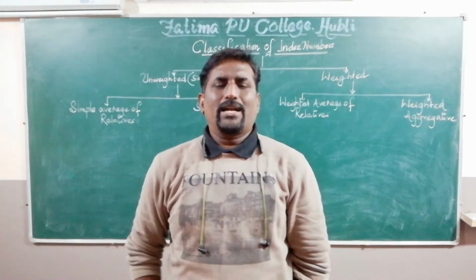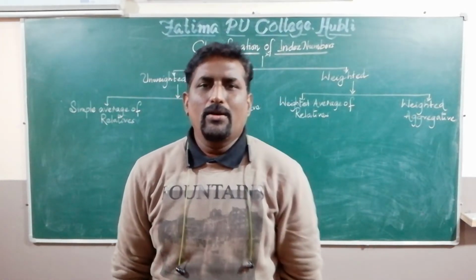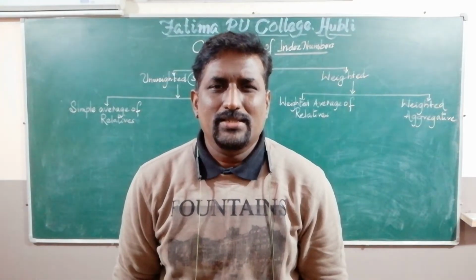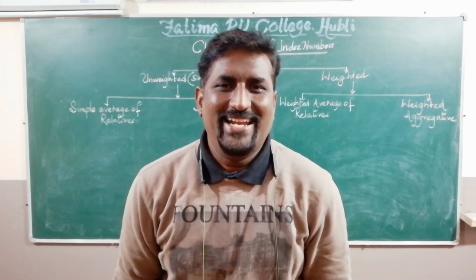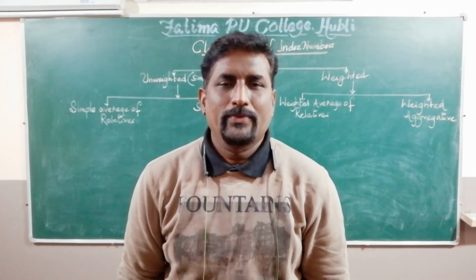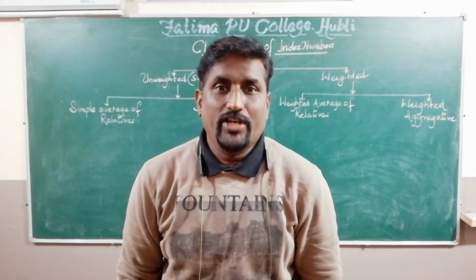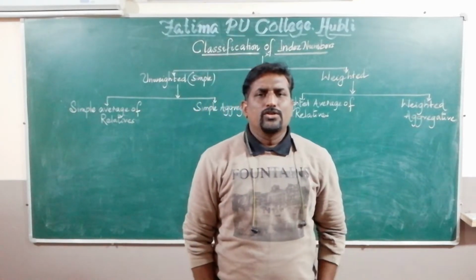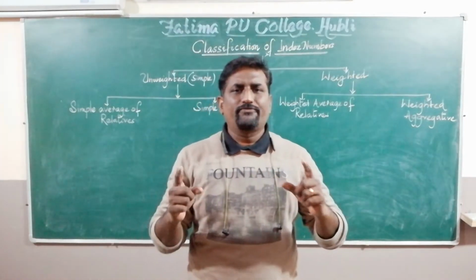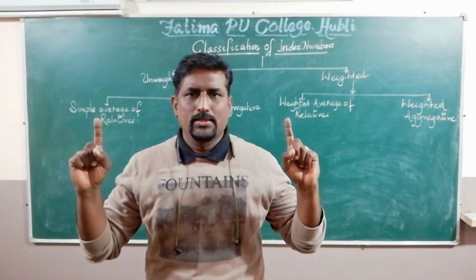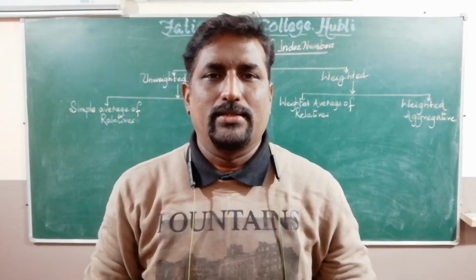So whatever classification I am doing in the class today will be all about index numbers. That means I will be doing the classification on the basis of price index numbers. Understand this. Generally, index numbers are classified into 2 categories.